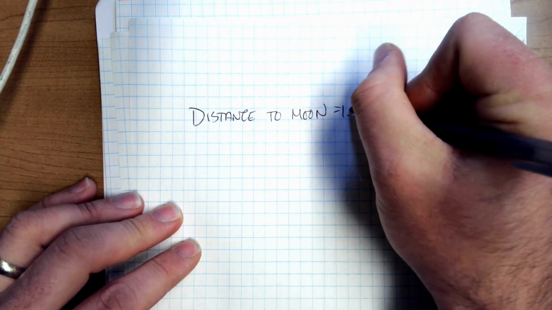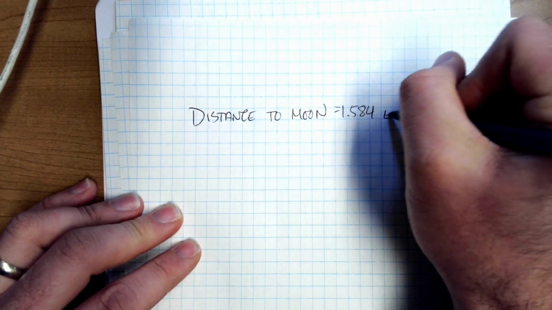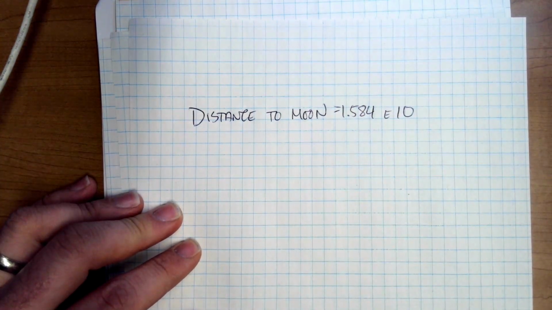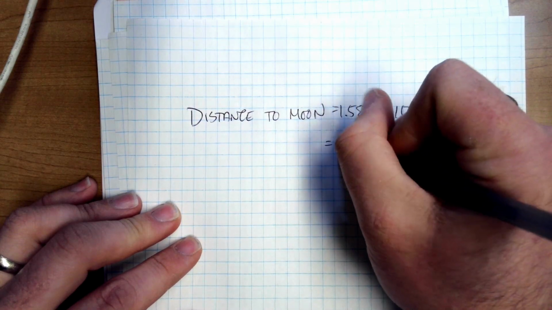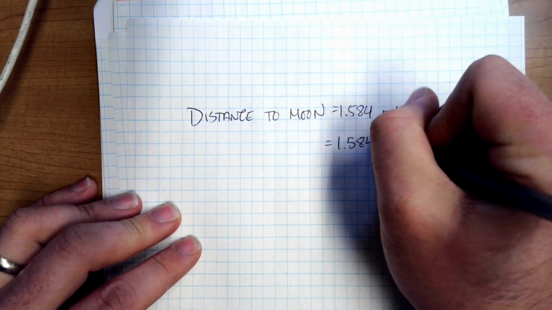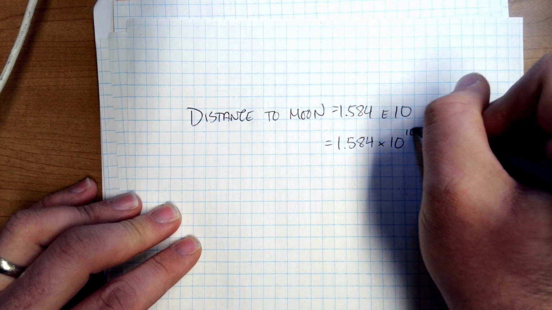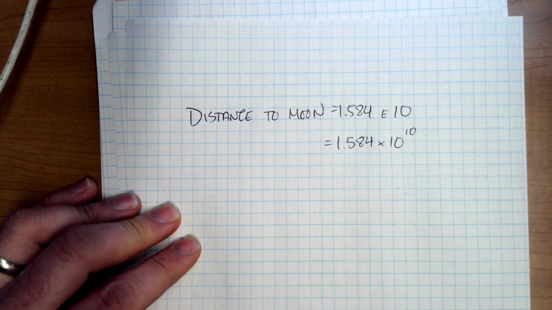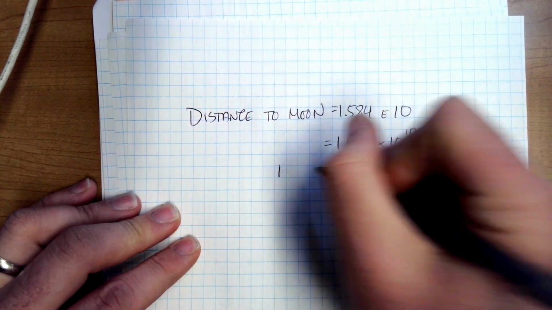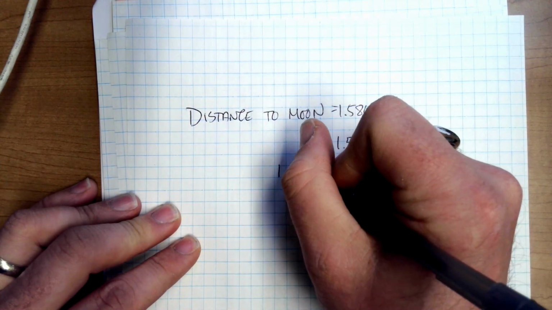E10 is really just the way the calculator expresses that. We would actually say it's 1.584 times 10 to the 10th power, or 1, and then we move our decimal 10 places to the right.